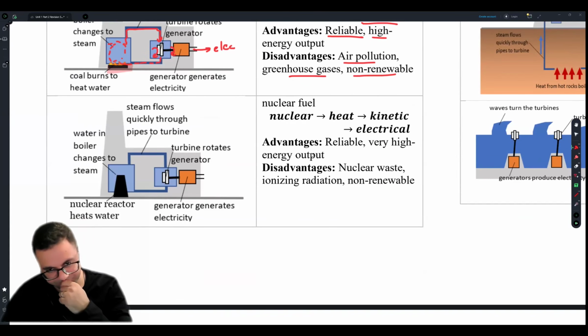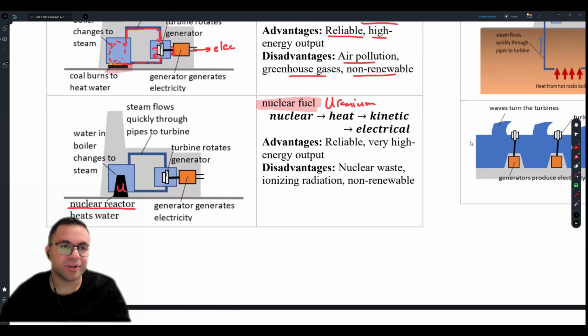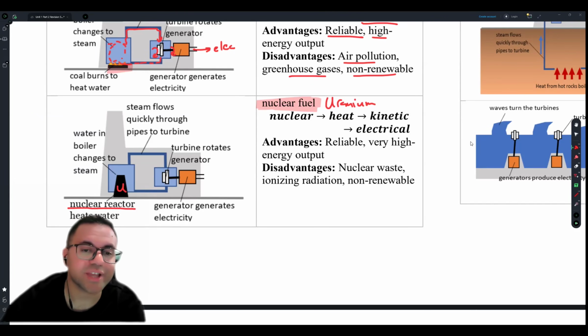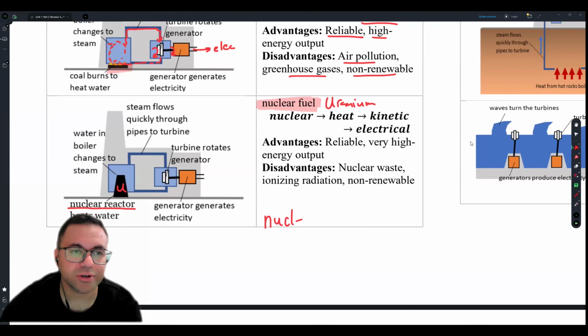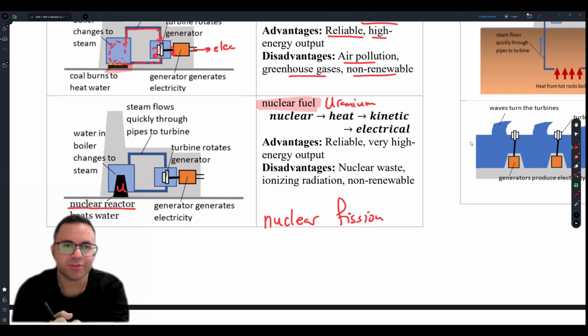Okay, next. Now, instead of burning fossil fuels, we can also use nuclear fuel, specifically uranium. What we do is we put uranium inside something called a nuclear reactor. Nuclear reactor undergoes a reaction called nuclear fission. So nuclear fission is when you break a nucleus of uranium.